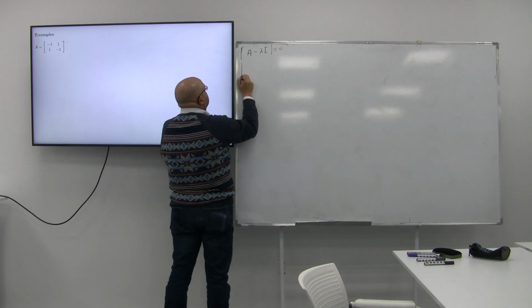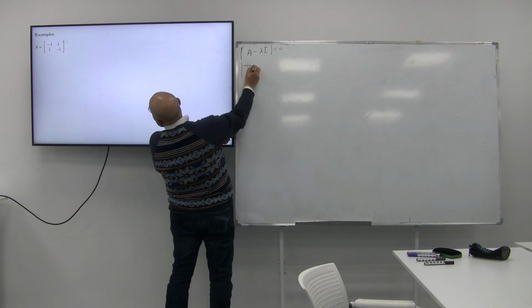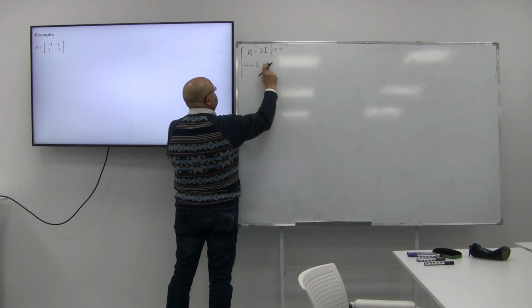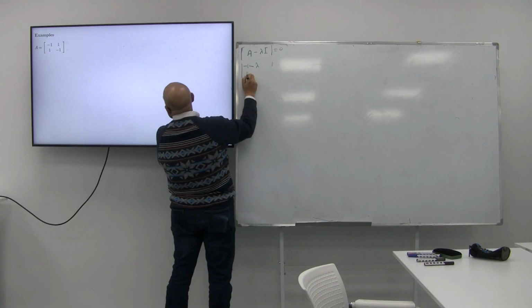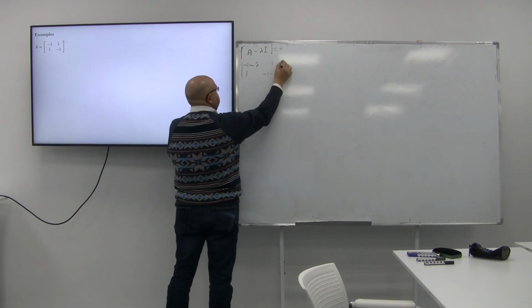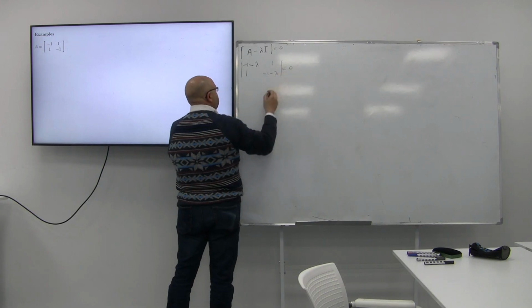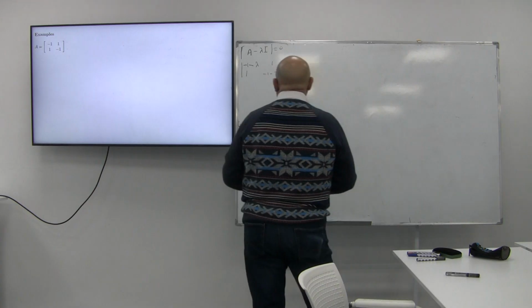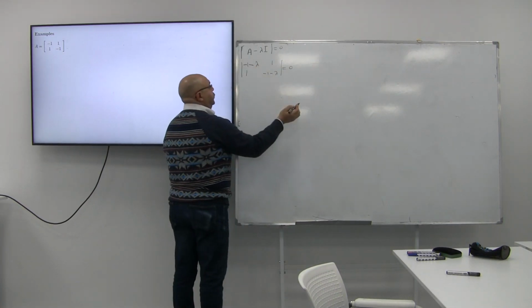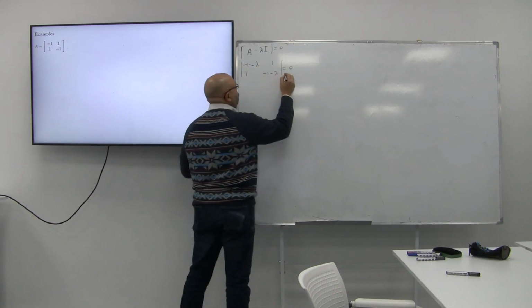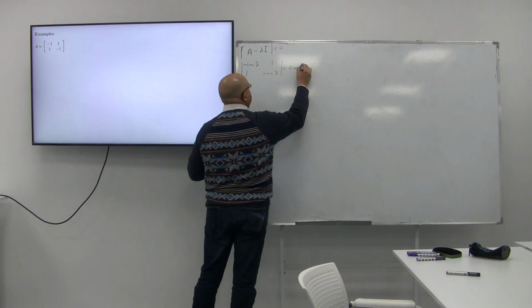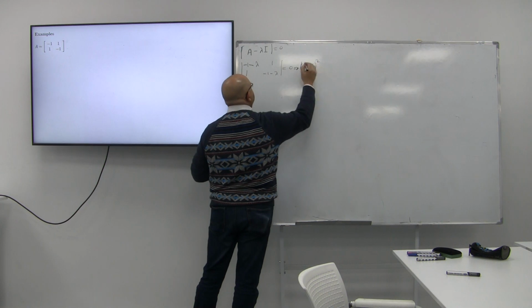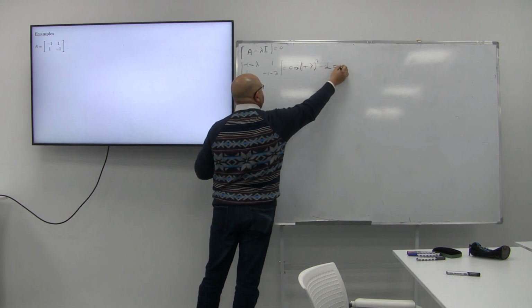As you can see, the matrix is negative 1 minus lambda, negative 1, positive 1, and positive 1, negative 1 minus lambda, and this determinant equals 0, as I told you. Try to expand it, so you will end up with (1 plus lambda) to the power of 2, minus 1 equal to 0.